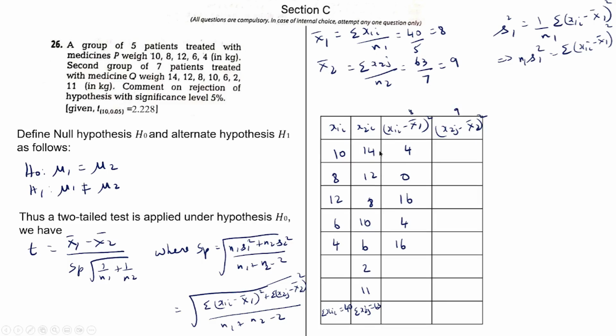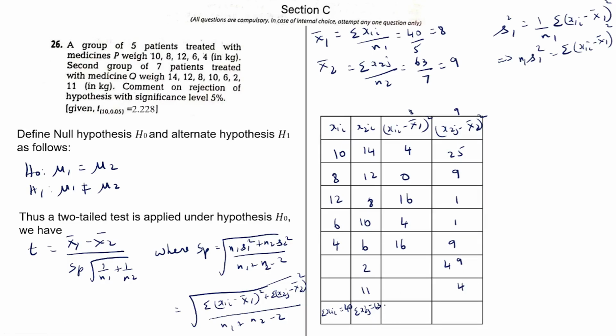So the first is 14, 14 minus 9 is 5, 5 the whole square is 25, then 12 minus 9 is 3, whole square 9, then 8 minus 9 is minus 1, whole square 1, then 10 minus 9 is 1, whole square 1, then 6 minus 9 is minus 3, whole square 9, then 2 minus 9 is minus 7, whole square 49, and 11 minus 9 is 2, whole square 4.